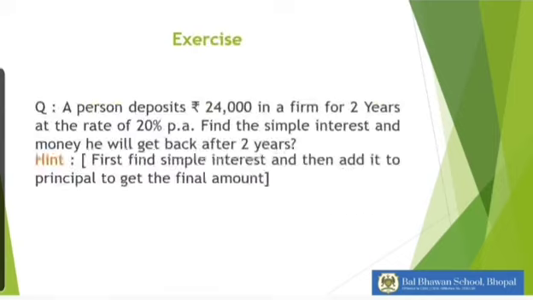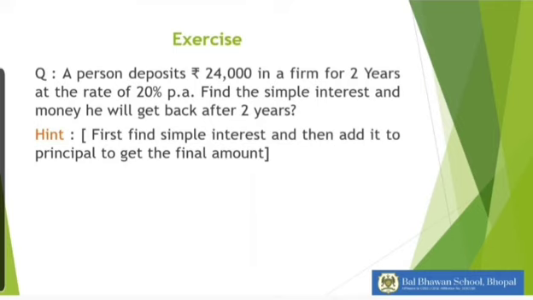Now let us talk about another question. Here the question is: a person deposits rupees 24,000 in a firm for 2 years at the rate of 20% per annum. Find the simple interest and the money he will get back after 2 years.